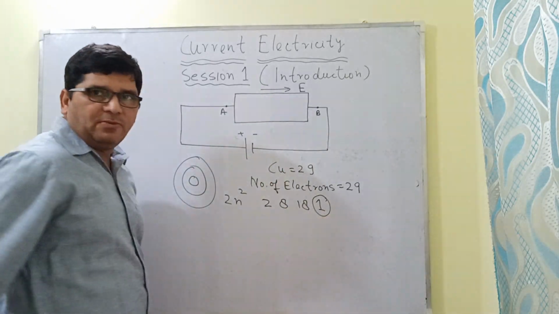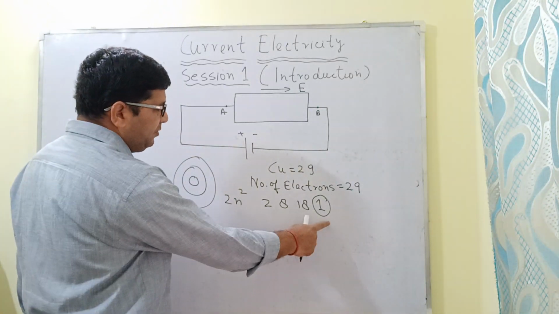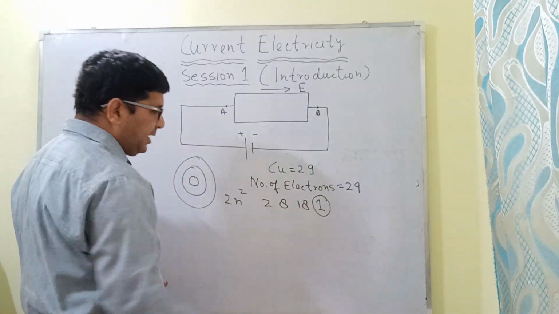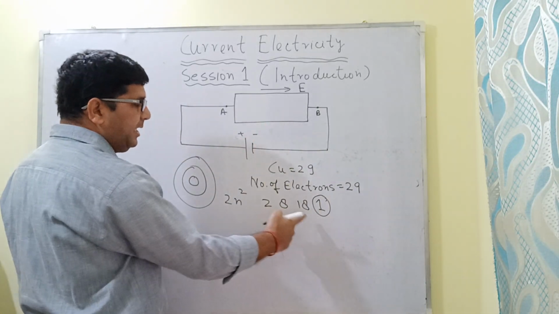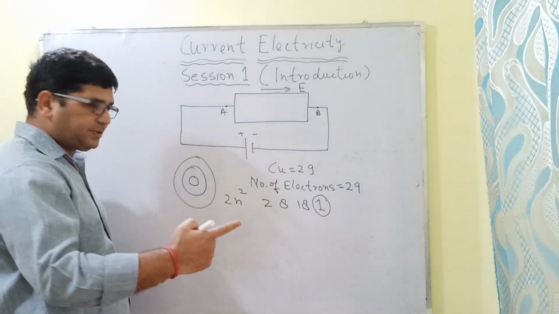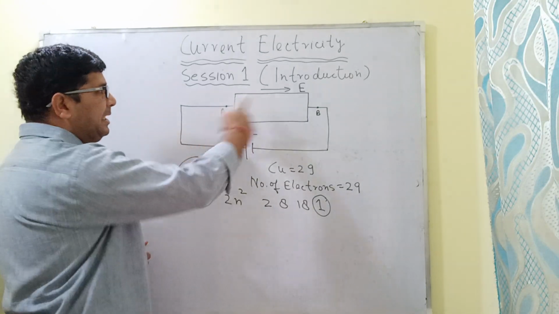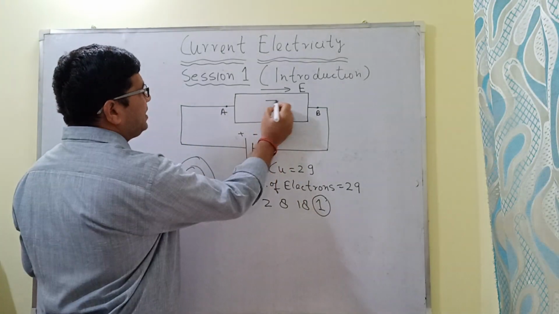This electron will be subjected to an electrostatic force. As we all know, the direction of force on a negative charge is opposite to the direction of the electric field. So the electron will experience an electrostatic force in this direction.